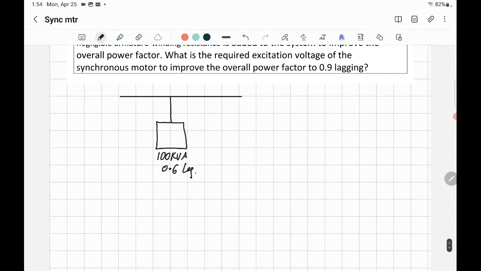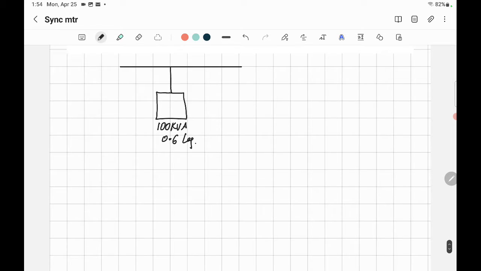When you look at this, you can make a phasor diagram or the power triangle. So that's the Q, and that's the active power. So you got 100 kVA, and you got 0.6 power factor lagging.